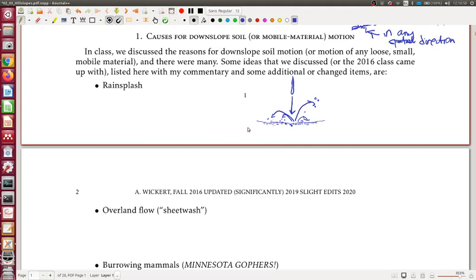What that then does is eventually create a surface that has a raised rim and a zone in the middle that is a little bit lower. And so this is where the rain splash would have hit. That can move material laterally on a hill slope, and we'll see shortly that if the surface is tilted instead of being planar, the raindrop impact can actually send more material downslope than upslope.